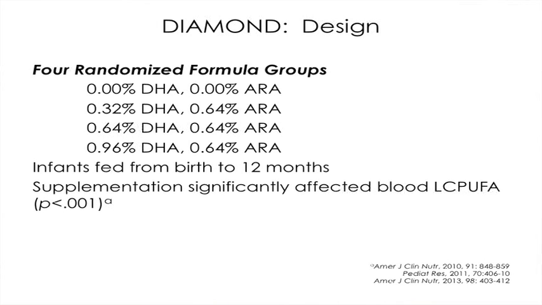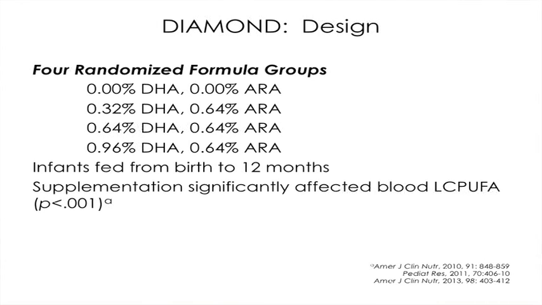So the placebo formula was 0 and 0, but the company introduced, this study is funded by Mead Johnson Nutrition, 0.64% of arachidonic acid, and then 0.32, 0.64, and 0.96 percent of DHA. And we randomized babies to these 4 groups, fed them formula for 12 months, and moms got the formulas for free.